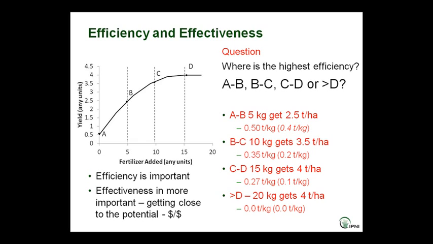But what's the problem with that? Is it effective? You're not getting effective. You're efficient, but you're not effective. And so that's why we have to make sure efficiency is important, but effectiveness is really what we're thinking about in a lot of cases. And we're thinking about dollar for dollar or kilogram for kilogram.